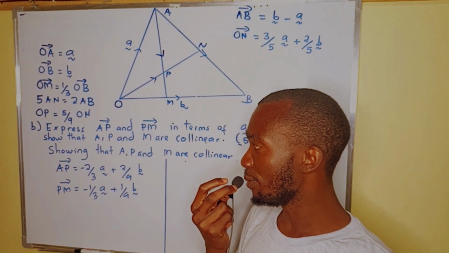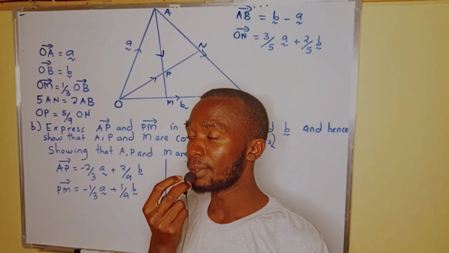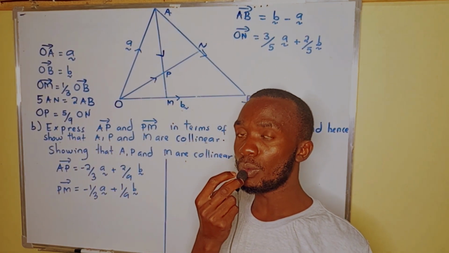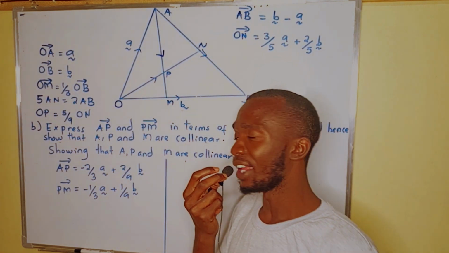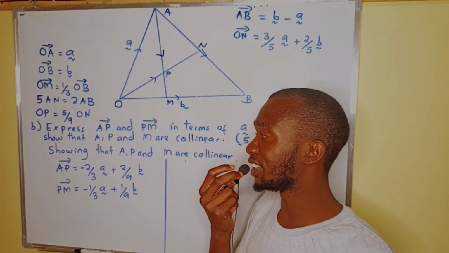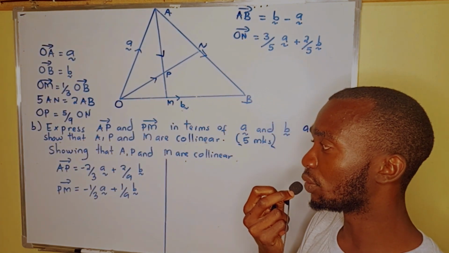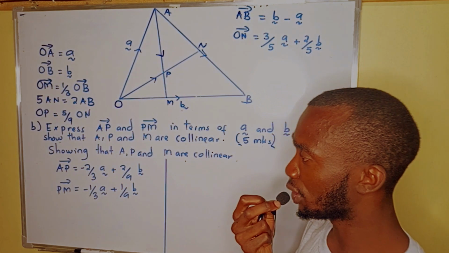We want to see whether AP and PM, one is a scalar multiple of another one. So the first condition for collinearity is there must exist a common point, which is P. Then the second condition is that one vector should be a scalar multiple of another.